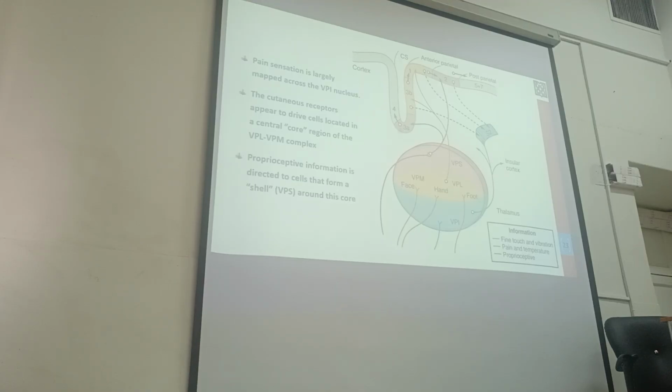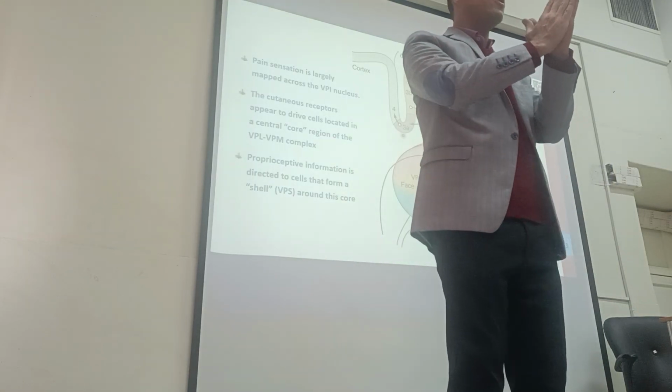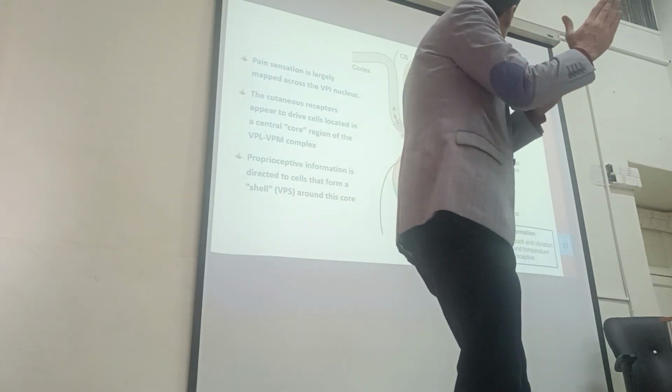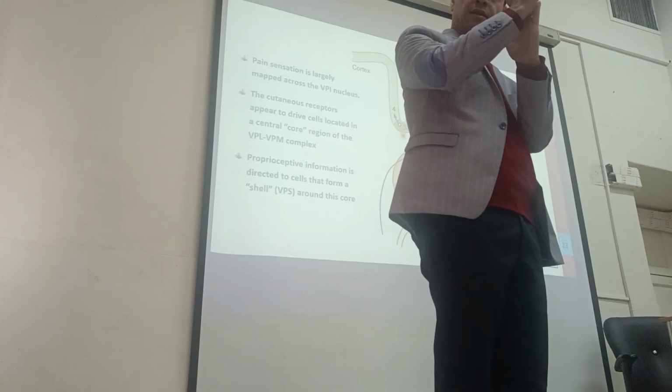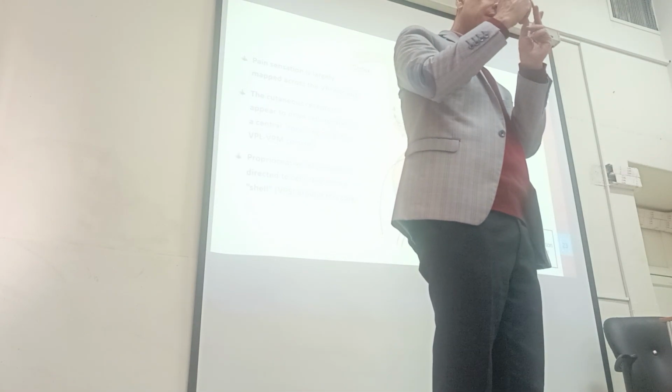But now, you can see that position sensation and touch sensation finally go to Brodmann area 5 and 7. So they merge together where? In Brodmann area 5 and 7. So we can say that touch, pressure, vibration go to area 3B and 1. Position sensation goes to 3A and 2.